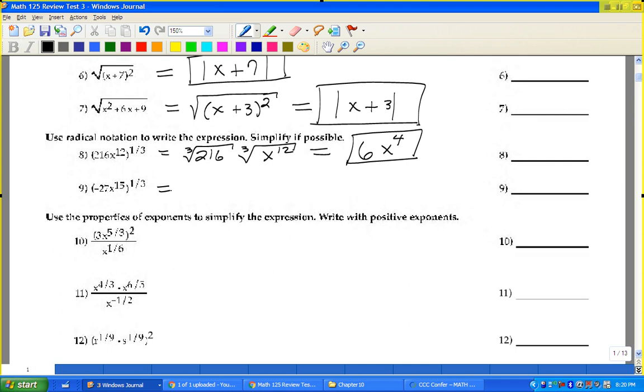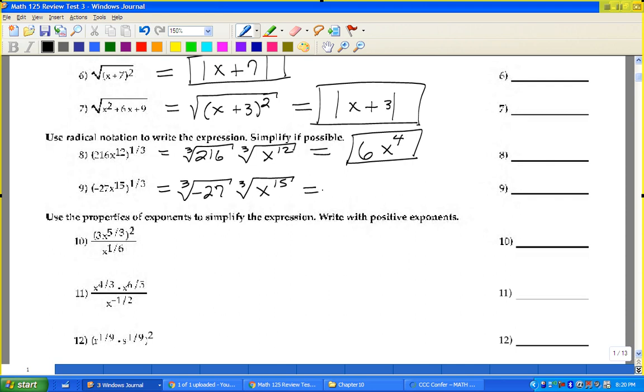Okay. And so this is equal to negative 27 x to the 15, all to the power 1/3. Well, 1/3 is a cube root, so this is the cube root of negative 27 times the cube root of x to the 15.